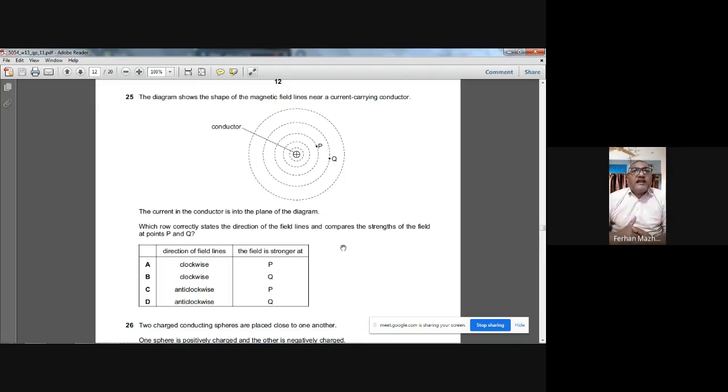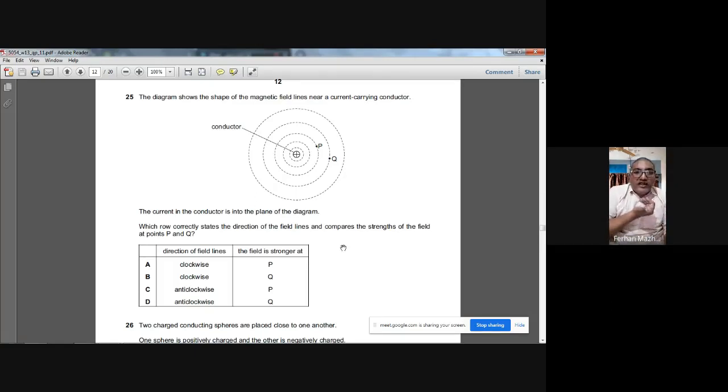You see here, the current is going into the plane. You will use your right hand rule. Your thumb should be in the direction of the current, and the curves of the fingers will show you the direction of the magnetic field lines.